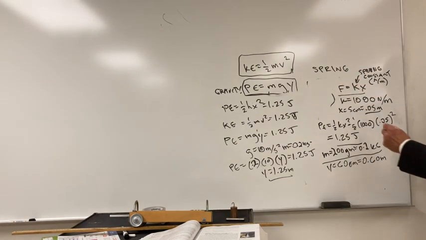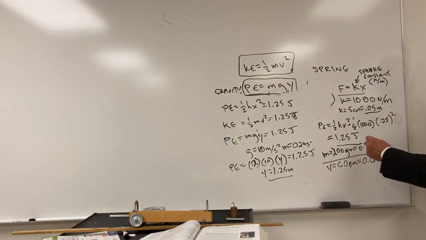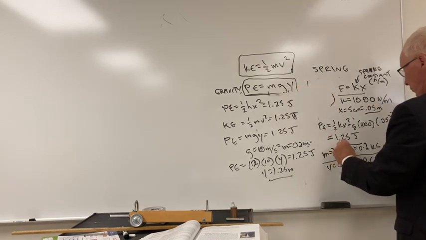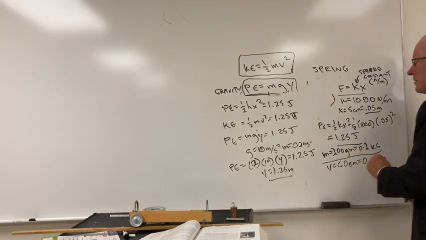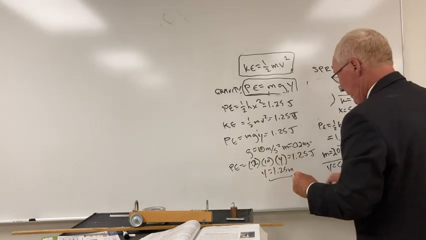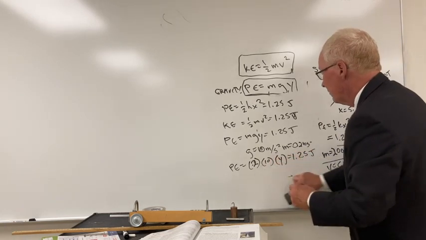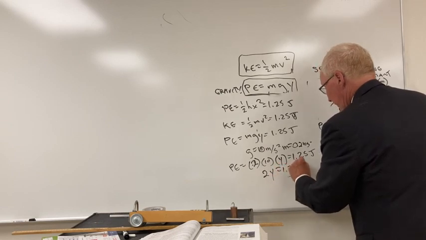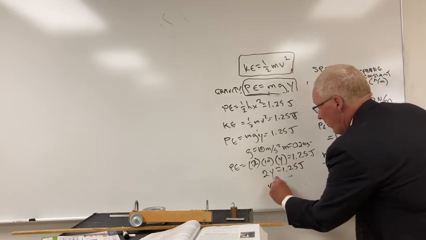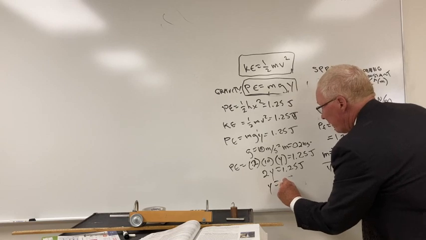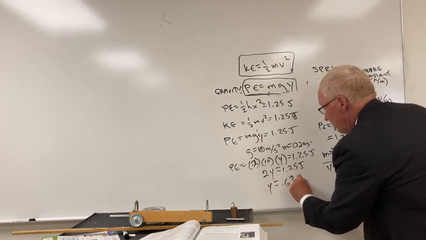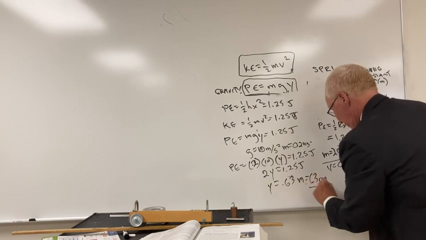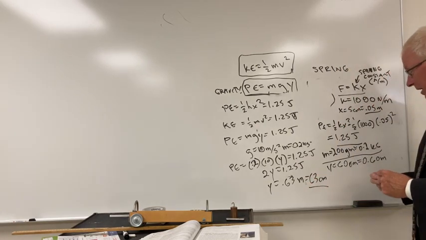So then 2y is 1.25 joules, so y will be approximately 0.63 meters, or about 63 centimeters, which is actually very close to what I actually had.